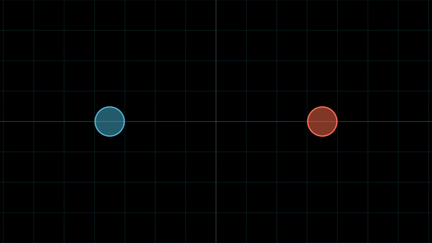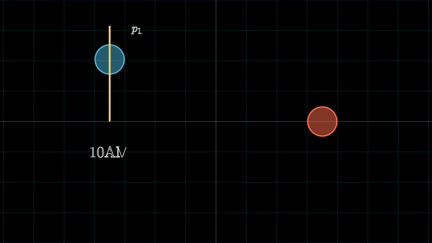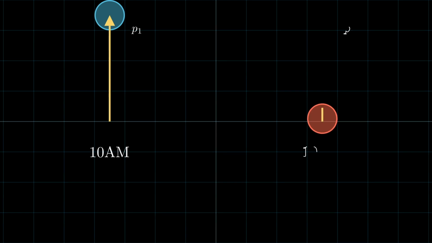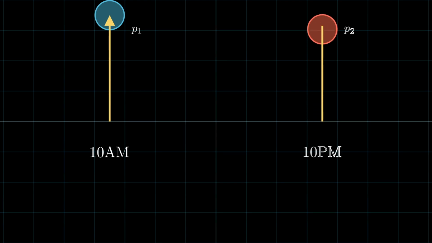Now, the final symmetry which we are going to discuss is time symmetry. Let's perform our experiment. We apply force on a ball and then it gains momentum P1 at 10 a.m. and then we perform the same experiment in the same location with the same ball at 10 p.m. and we apply the same amount of force and it gains a momentum P2.